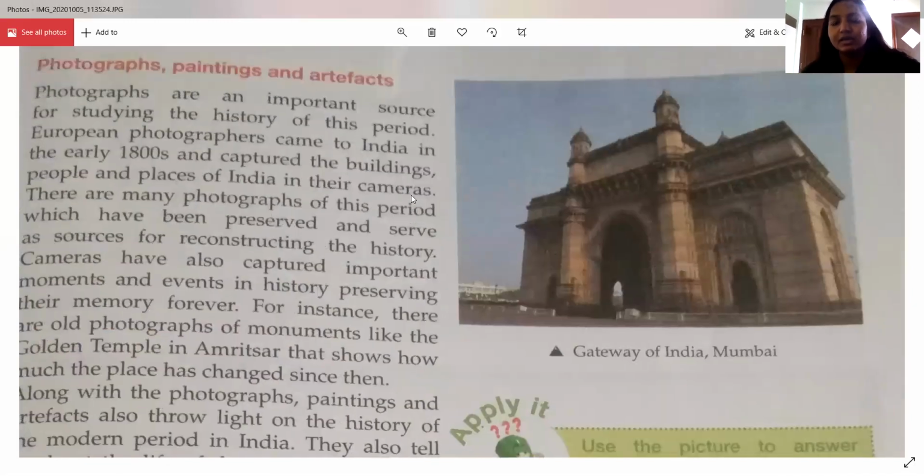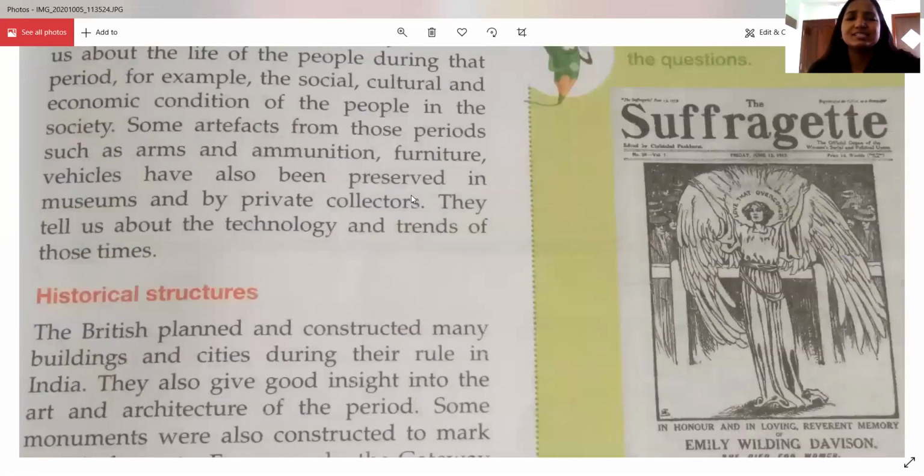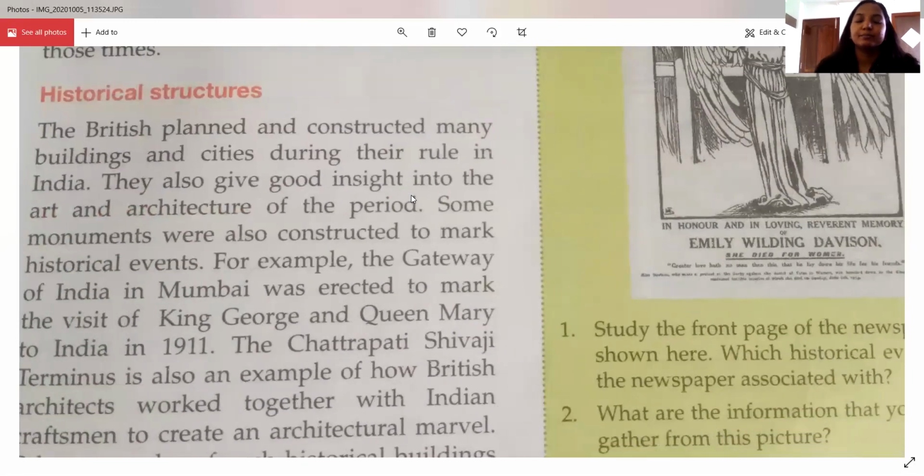Here it is. So, this is a historical structure because this was built for the visit of King George and Queen Mary to India in 1911. So, this entire structure was only built because King George and Queen Mary were visiting India. Hence, this becomes one of the historical structures.